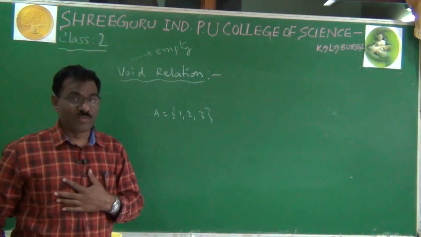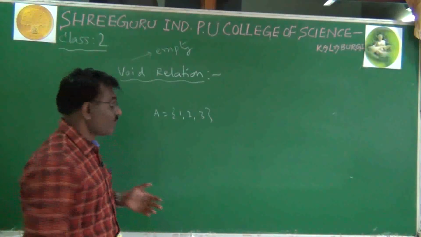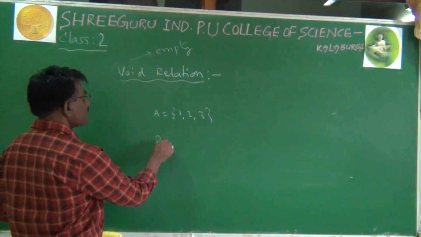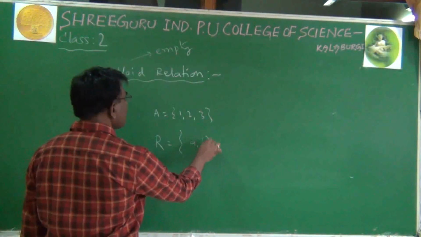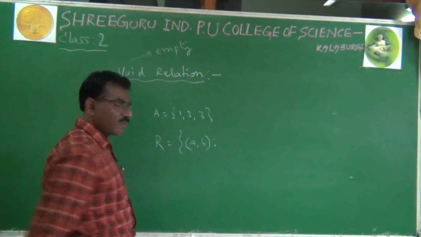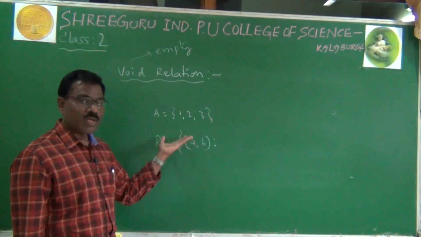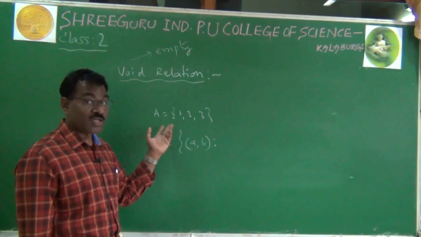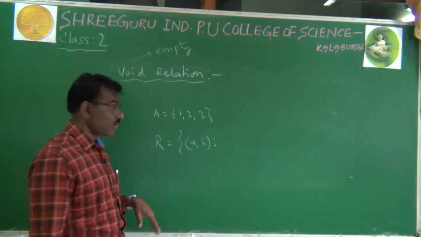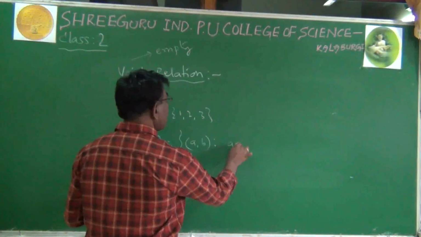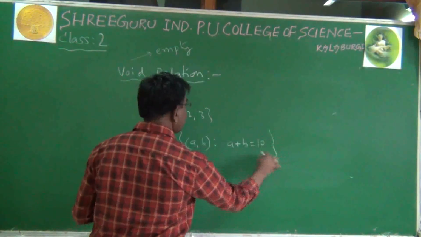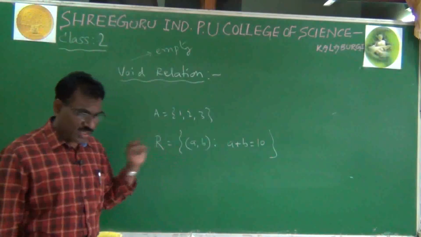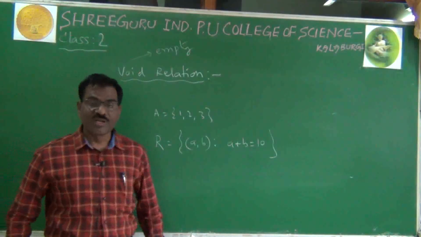Now I want an example of a void relation. What is the void relation? The void relation R is equal to {(a, b) such that a belongs to set A, b belongs to set A}, because I told you a relation on a set A, both belong to set A only. With the condition a plus b equal to 10. So this relation is empty, a void relation or empty relation.